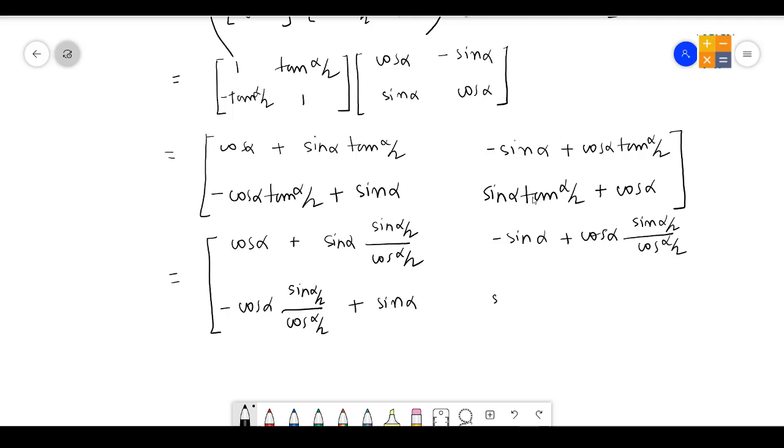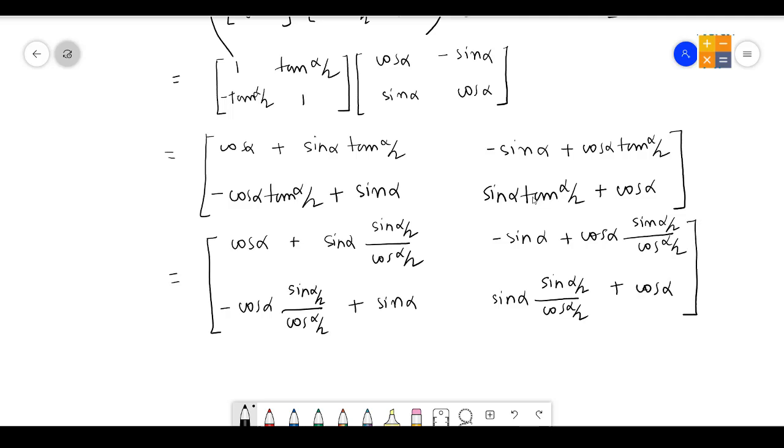And for this last position, sin alpha, here I can break sin alpha by 2 by cos alpha by 2. Yes or no? We all know that tan theta equals sin theta by cos theta, and that's what I'm writing here. Actually tan is replaced in terms of sin and cos. So cos alpha will remain as it is here.